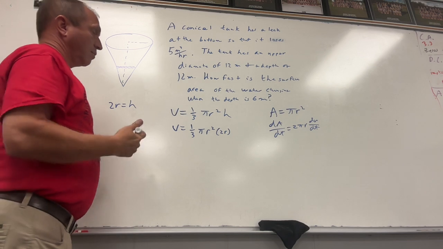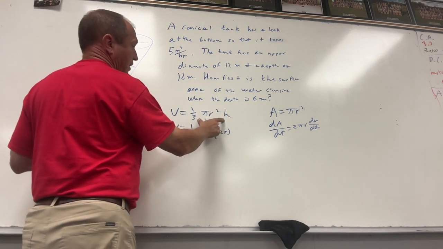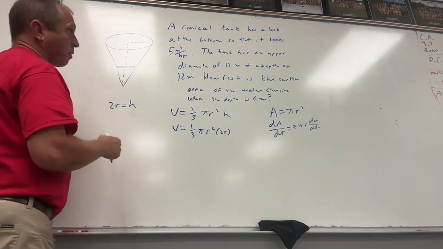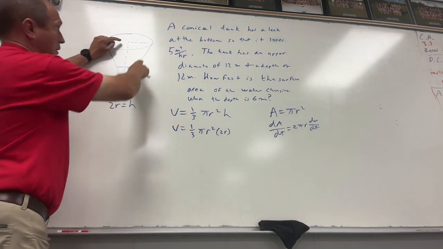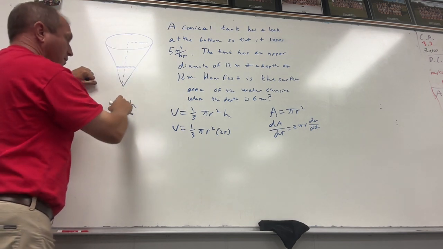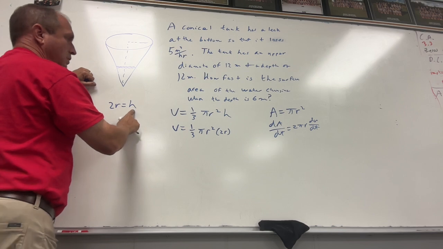So we're dealing with the volume of a cone. Volume is equal to 1/3 pi r squared h. Now, in the case of this problem, my radius is always going to be half of my height. So 2r is going to equal h.